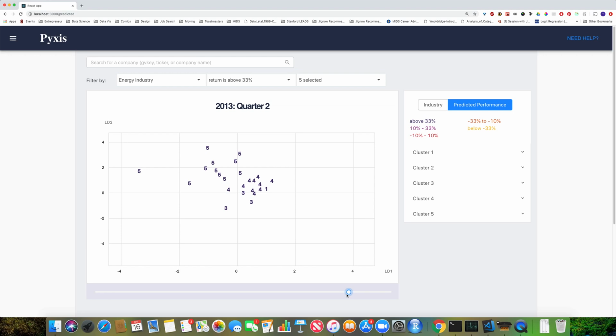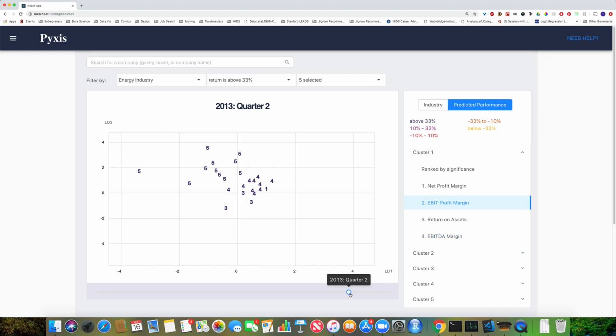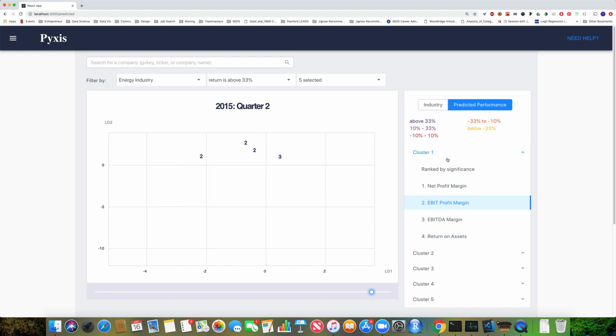So cluster 1 in one quarter has different financial characteristics, for example 2013, compared to cluster 1 in the future, which is totally different, and the companies themselves are different. So I just want to make sure to make that distinction.